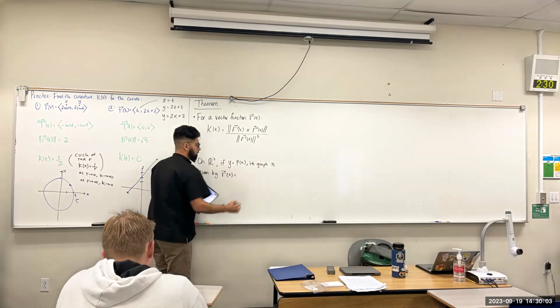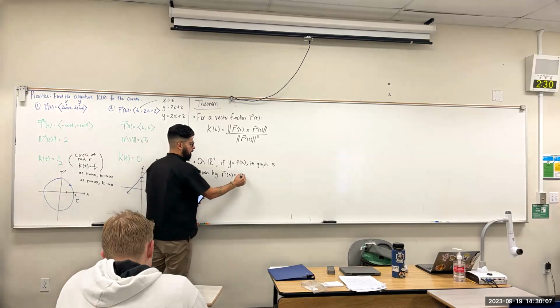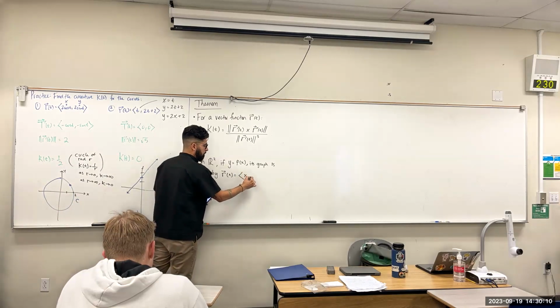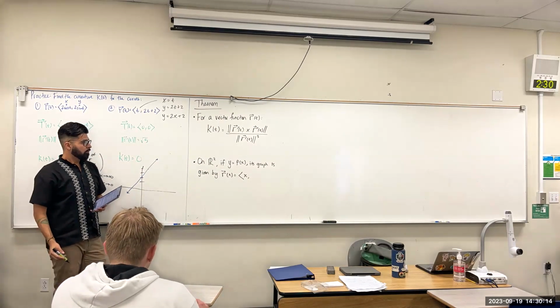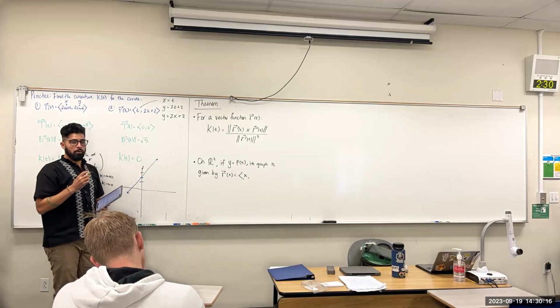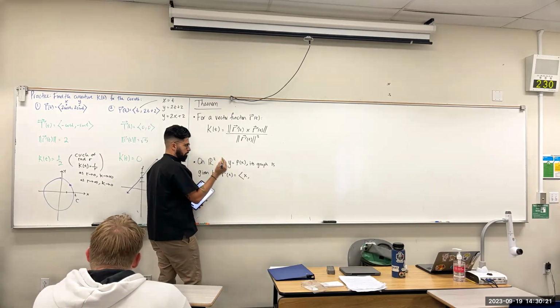But here, instead of x, we're going to use t, where x is parameterized by t. Okay? What do you think y will be? What function can we use for y in terms of x? F of x.